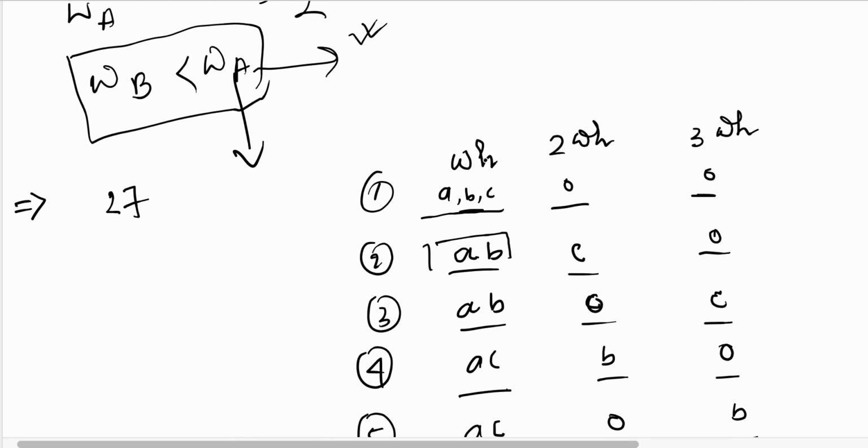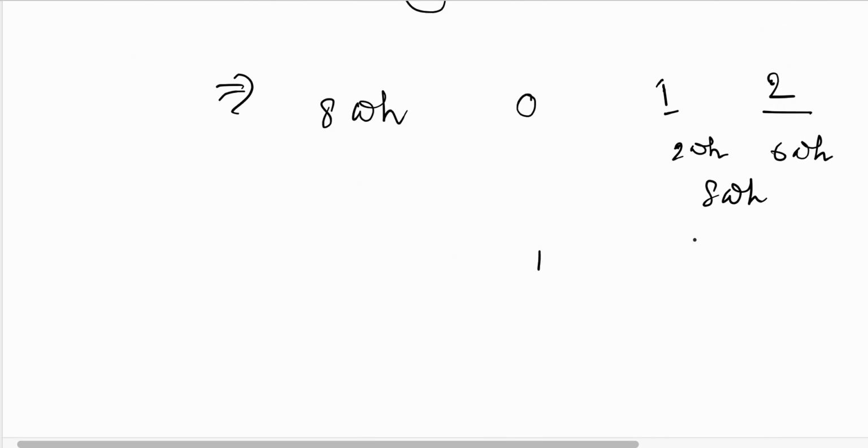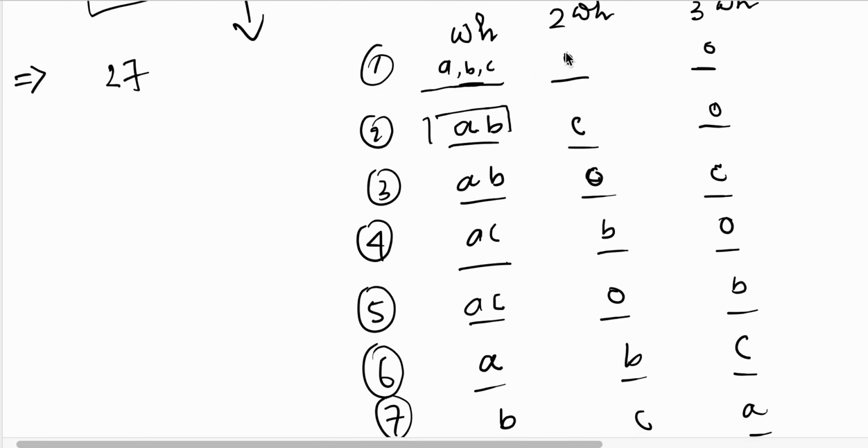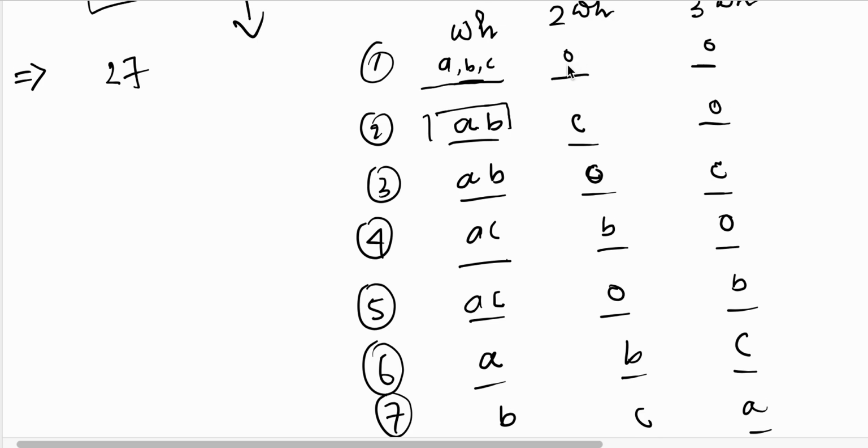Let's see other possible ways. Now I can put 1 individual everywhere, so 1, 1 and 1, which gives h, 2h, 3h. No, it is not possible. I can put 2 individuals there, 2 individuals there, and 1 individual there. It is also not possible.